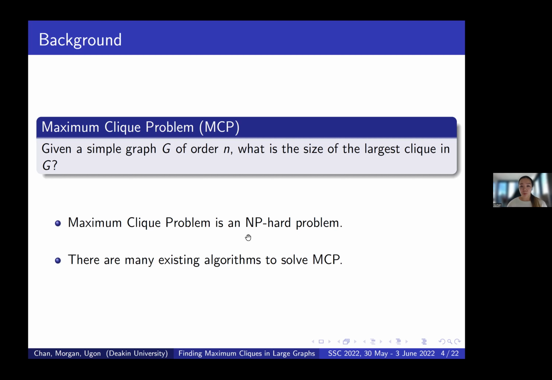This problem is known to be NP-hard. And while this is a very well-studied problem, there are some existing algorithms that either take way too long to compute, or in some cases don't necessarily find the maximum clique. So there are many approaches to this. Some people use an approximation algorithm or even just find a maximal clique rather than the maximum clique.